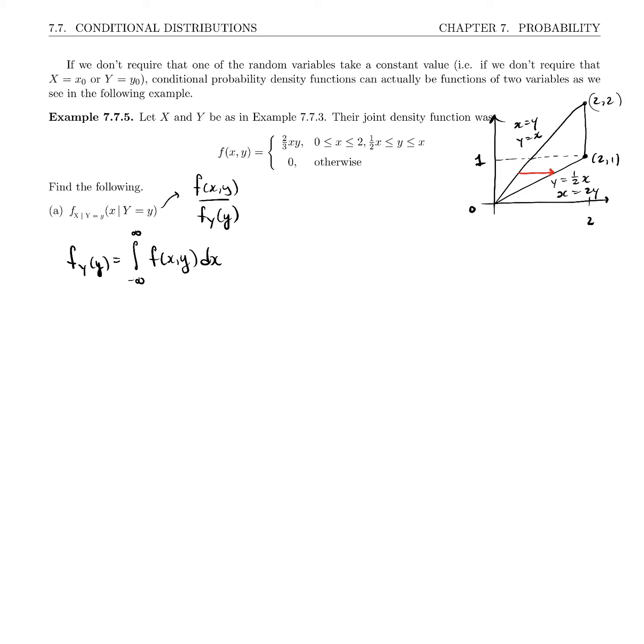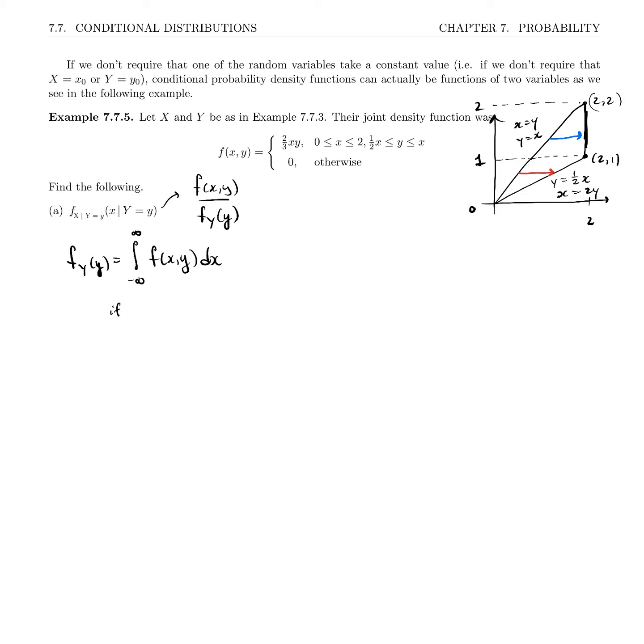But above that, from 1 to 2, then x will go from x = y to this line here, which is x = 2. So we need to split up our integral into two pieces.